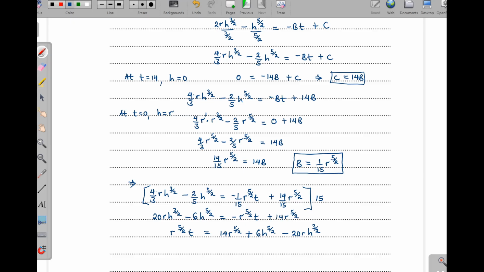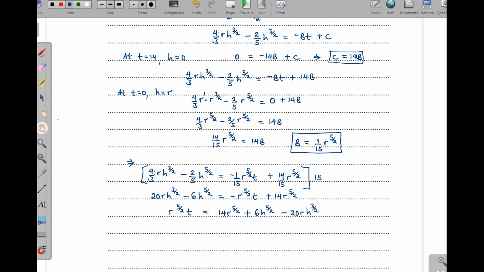Then after that, we continue and we divide all through by this one, so t will be equal to, what do you get here? Don't you think this is 20?